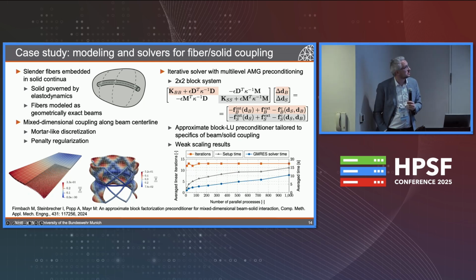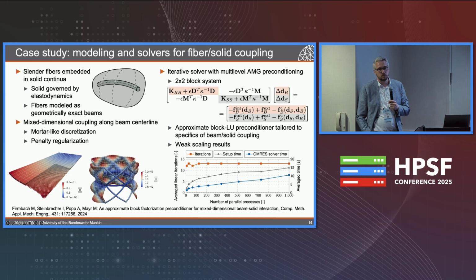I highlight just one example: the embedding of fibers into solids. It's our most recent work where we use TICO and MueLu both, and where we do an approximate block LU preconditioner tailored to the specifics of this 2x2 block system. It has some penalty parameters in every block, so we don't have diagonal dominance.